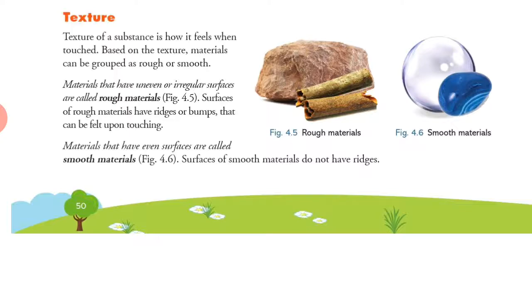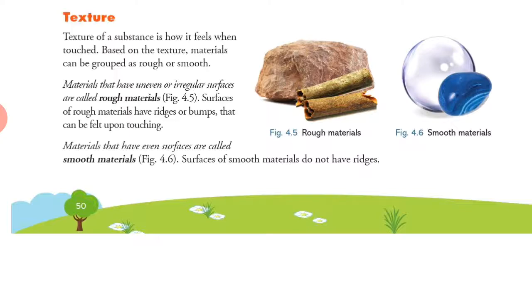Okay, the materials that have an uneven or irregular surface are called rough materials. The surface of rough materials has ridges or bumps that can be felt upon touching. We can easily feel the difference between rough and smooth material just by touching them. You can see in the picture also, a rough material, stone, is shown.